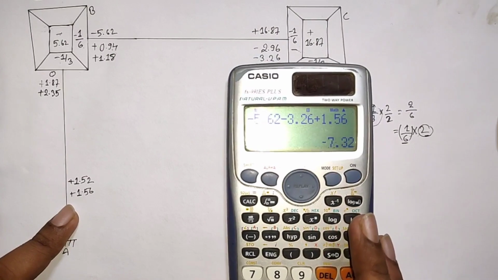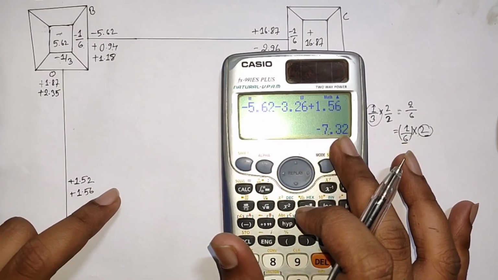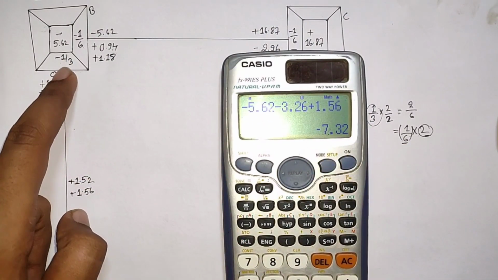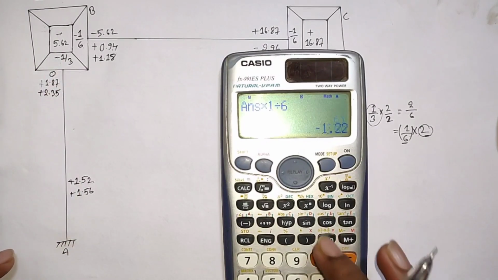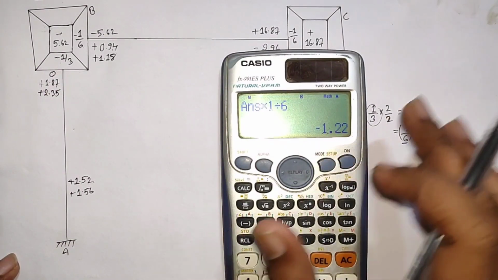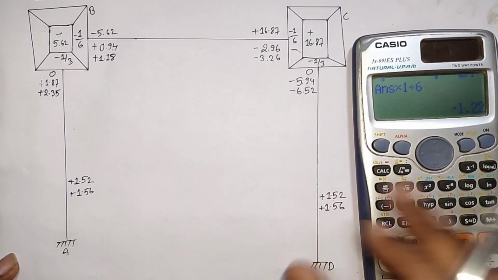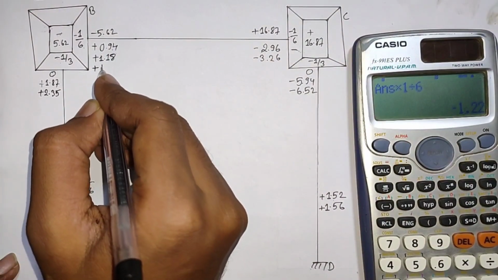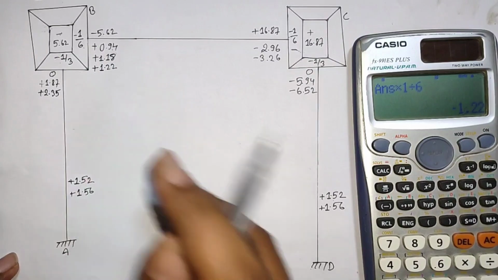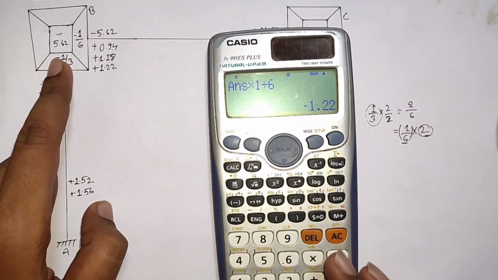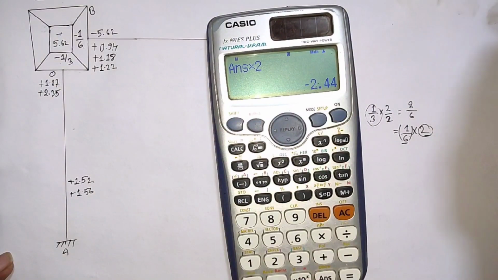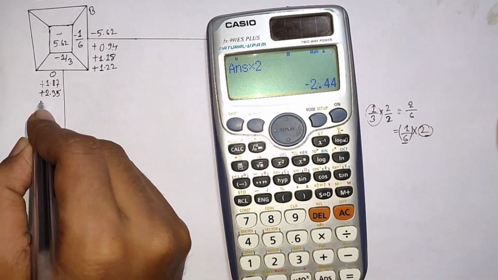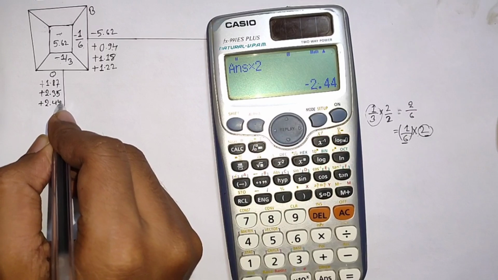Now adding these three values, we have got 7.32, which is negative. Multiply this with factor 1 by 6. We get 1.22. So add it here, positive 1.22. Now 1 by 3 is twice of 1 by 6. So multiply this by 2. We get 2.44. So positive 2.44.